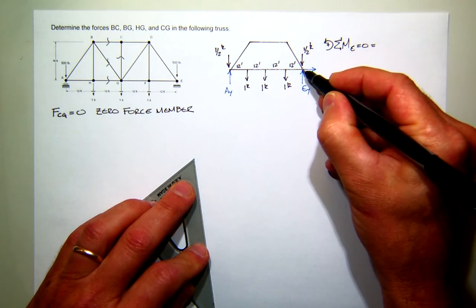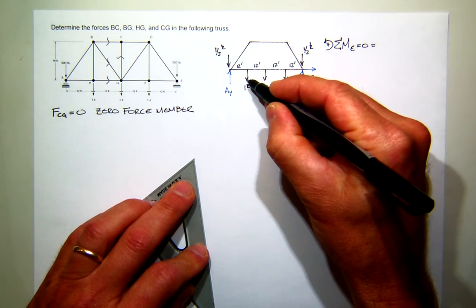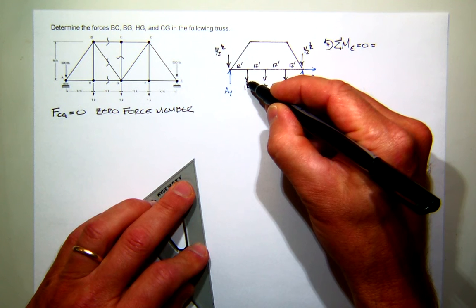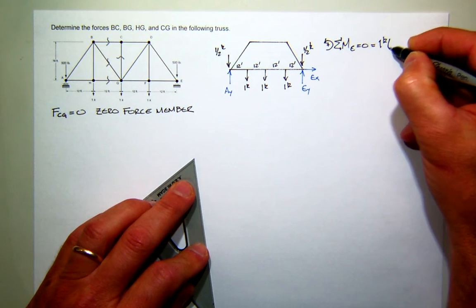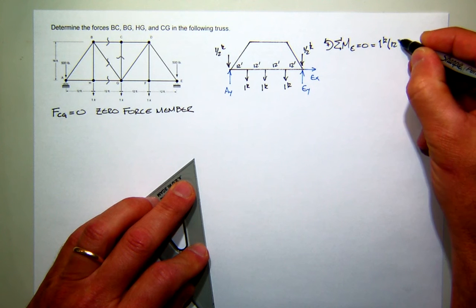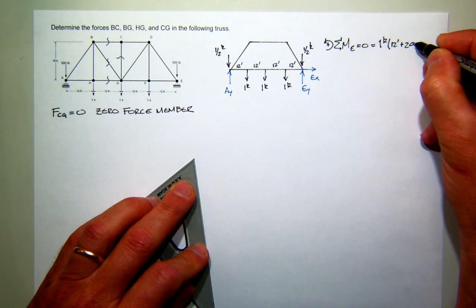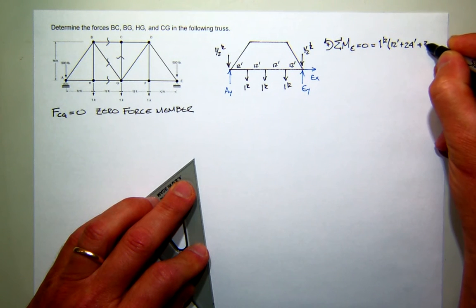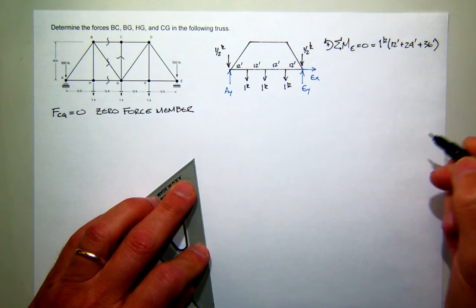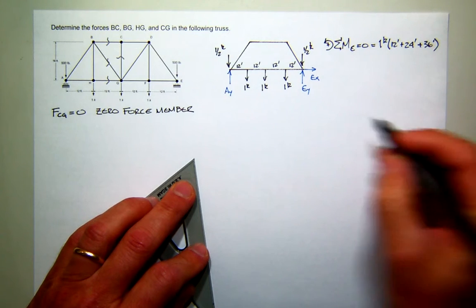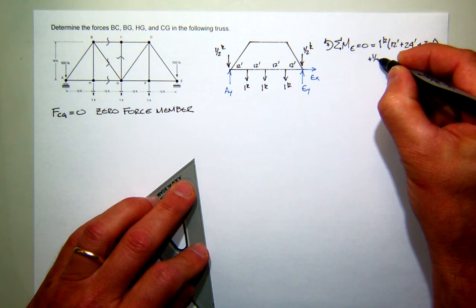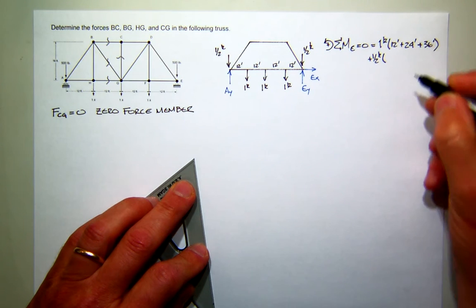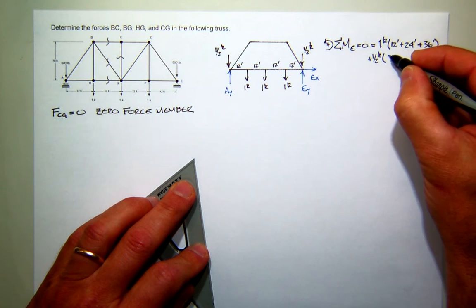So starting here at E, I've got 1, 2, 3 1-kip forces. They're all creating positive moment. They have different moment arms: 12 feet, 24 feet, 36 feet. Then I have that half-kip force creating positive moment, and that's at 48 feet.